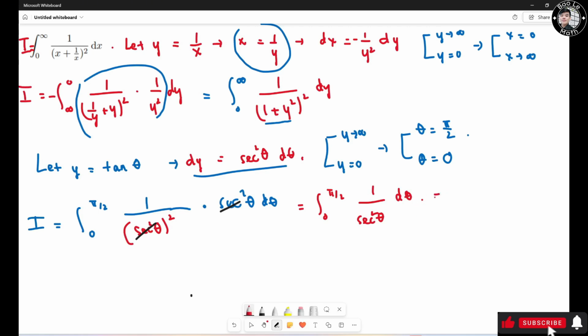Now 1 over secant square means cosine square theta, so it can be the integral from 0 to pi over 2 of cosine square theta d theta. Now cosine square theta is (1 plus cosine 2 theta) over 2 d theta.